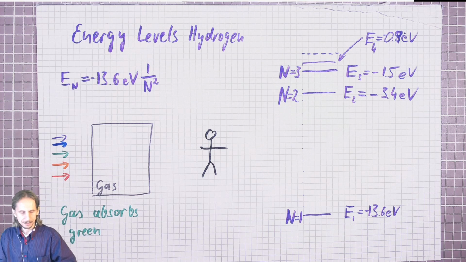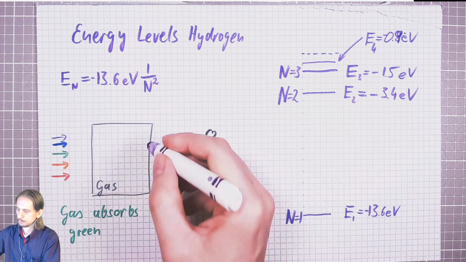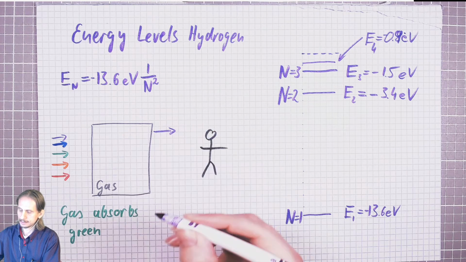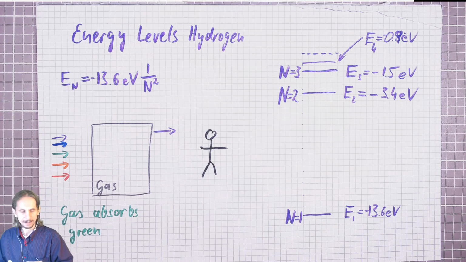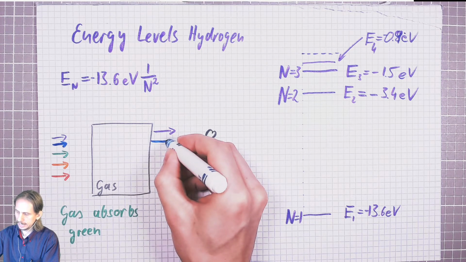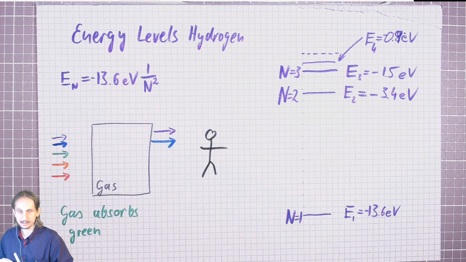What this means is that violet light travels through the gas, so the person can see violet light. It would mean that the blue light also travels through the gas, so the person could still see the blue.